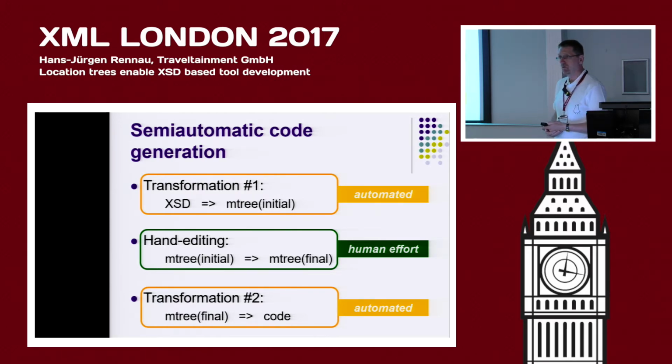The benefits are, of course, first of all, significantly reduced human effort. And there's also the prospect of using the edited metadata tree as a single source in the future for multiple transformators in several programming languages, because the human work has stopped there and I just have to extend my code generator.